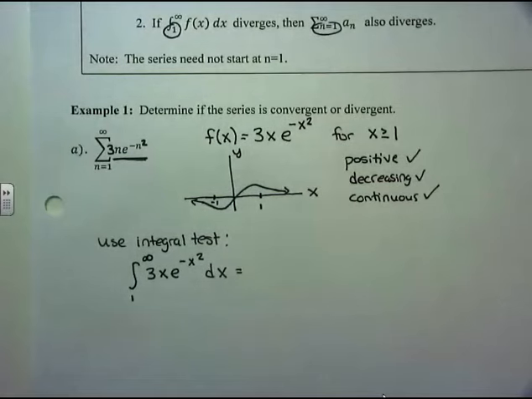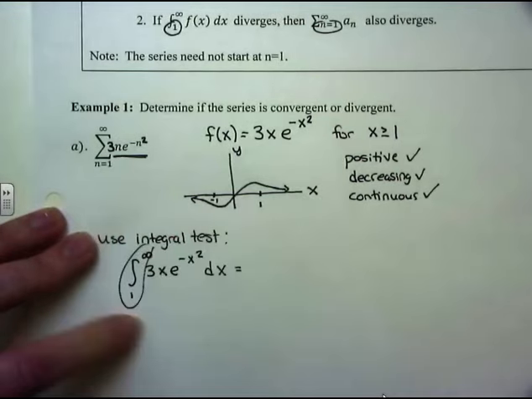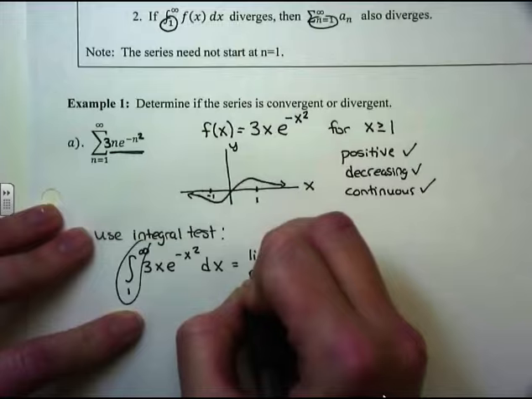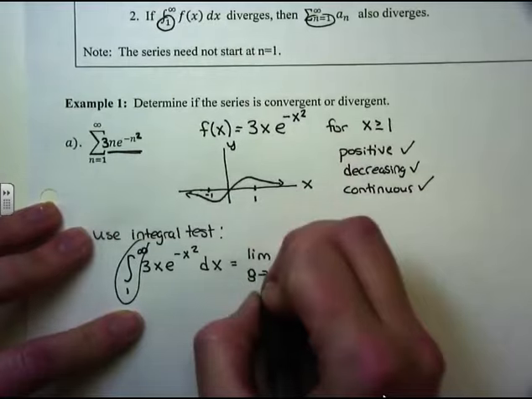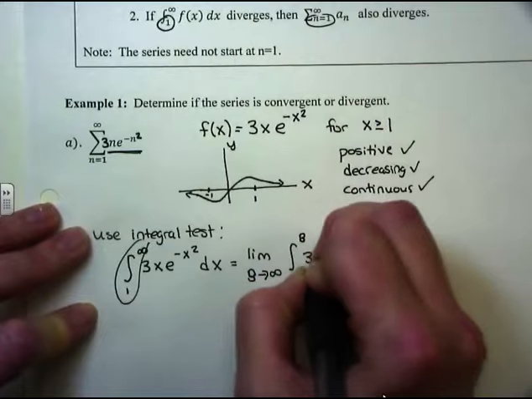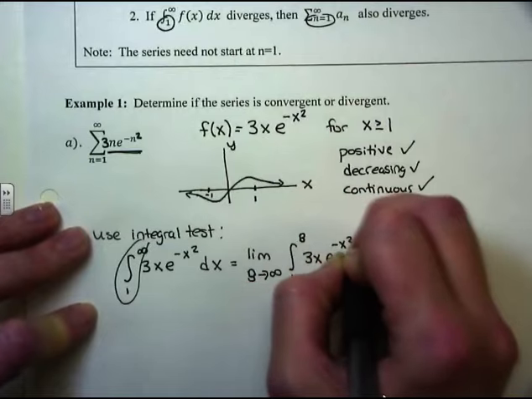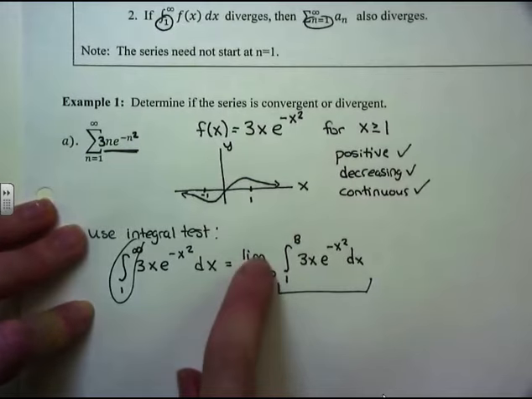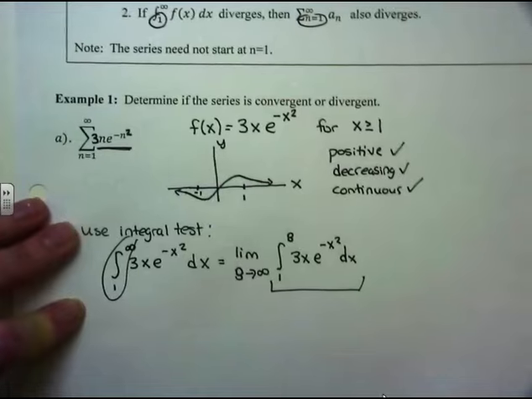This is coming from section 6.6. We know the way that I work with improper integrals. This is the limit as, let's call it b because it's my upper limit, goes to infinity of the integral from 1 up to b of this same integral. So now you'll notice I have a regular integral to take, and then at the end of the day I'm going to take the limit as b goes to infinity.